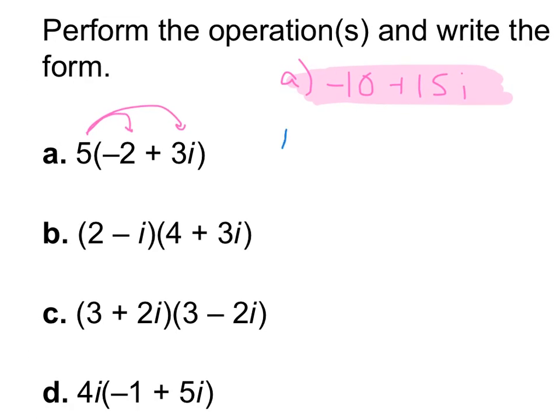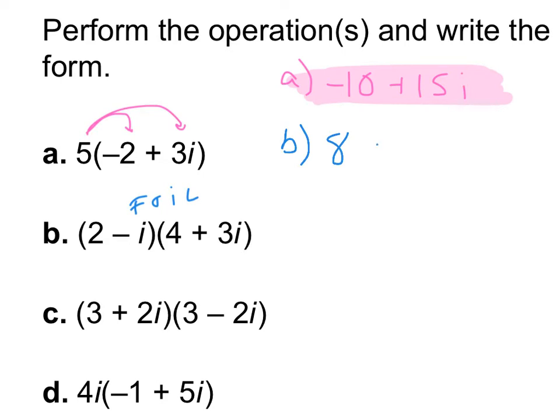For B, how would we multiply these two together? What do we need to do? You'd FOIL it. We would FOIL. So we multiply the first terms together and then the outsides.